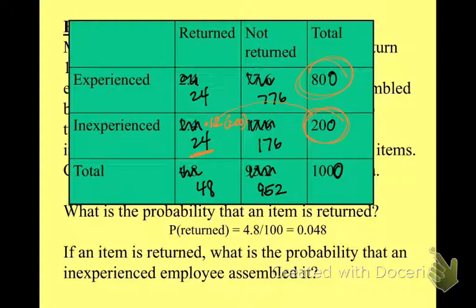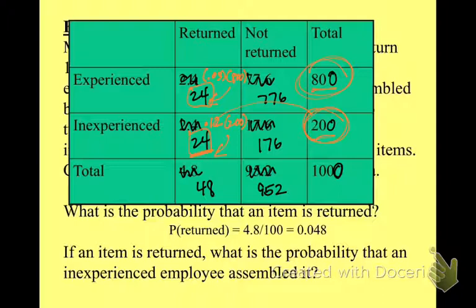That's how I got this 24. Because it's only 12% of the inexperienced. And then for experienced, the next thing they give me is that 3% of the experienced are returned. So 0.03 times 800 is how I get this 24. So you can fill in 24, 24, 800, 200.